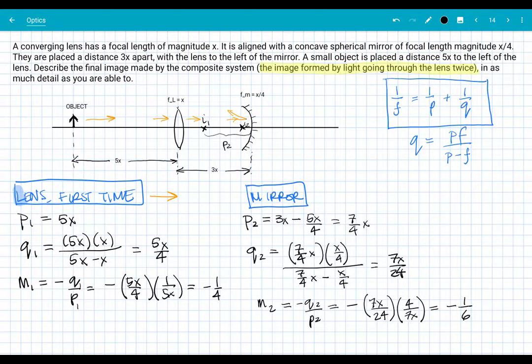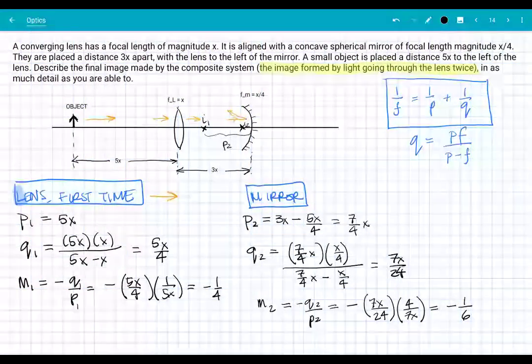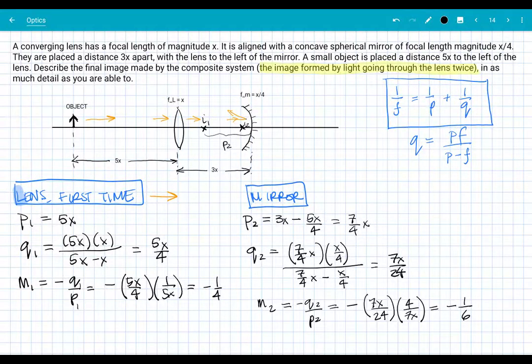Negative 1/6. Always show your steps, and you know that the x's should cancel out when you're getting the magnification, because your magnification is just a ratio. So this is negative and it's less than 1, so it shows me an inverted, diminished image here. And remember that this diminishment, this 1/6, is with respect to image 1. It's not with respect to the original object.